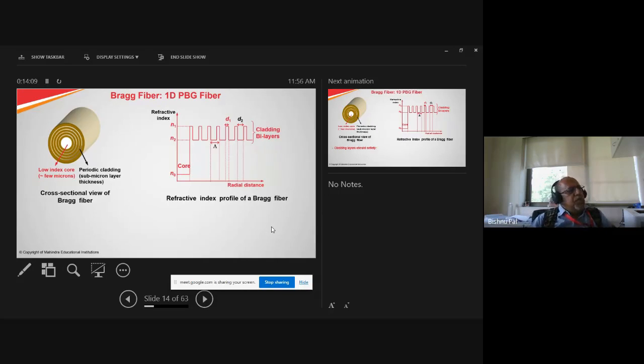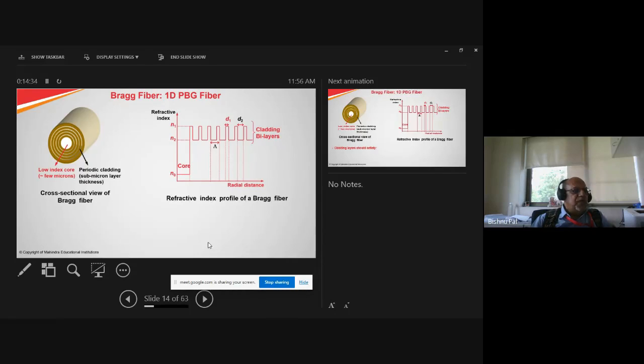So if I put this one-dimensional structure into its refractive index profile, you can see at the center there is a core of refractive index N0, which is smaller than both N2 and N1 shown on the figure itself. The periodic cladding has high index portions N1 and lower portions N2.